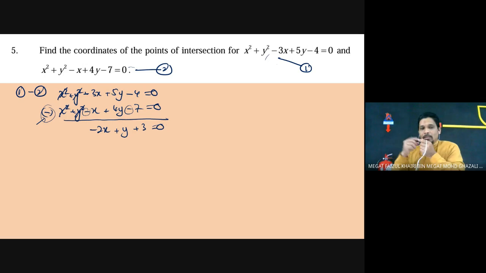Okay, so because we have a single y here, so make y as the subject. y equal to 2x minus 3, equation 3. Now, we may substitute equation 3 into equation, okay, it's either equation 1 or equation 2. Which one do you prefer then?